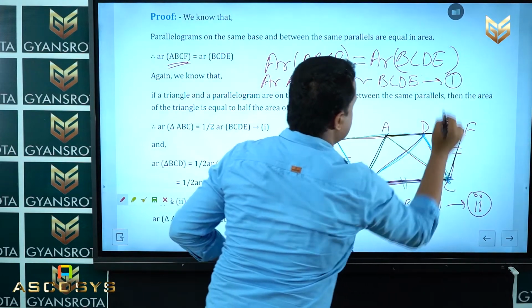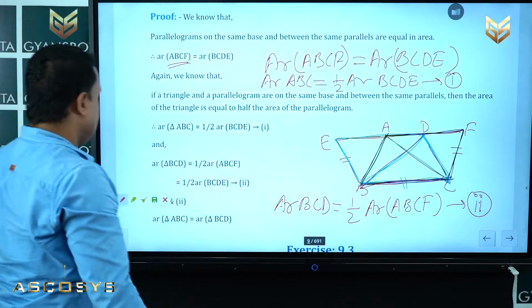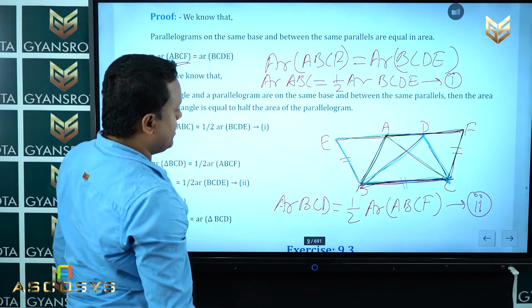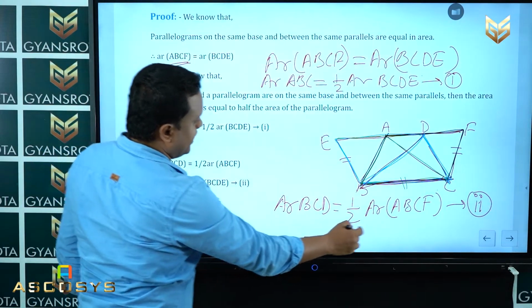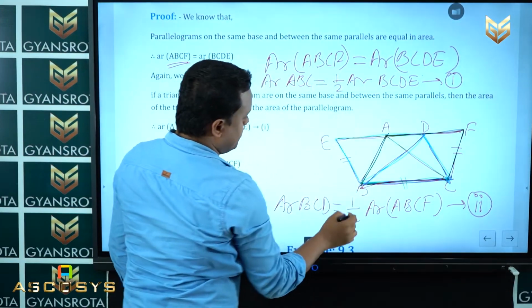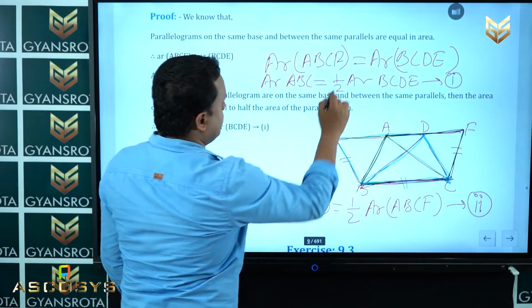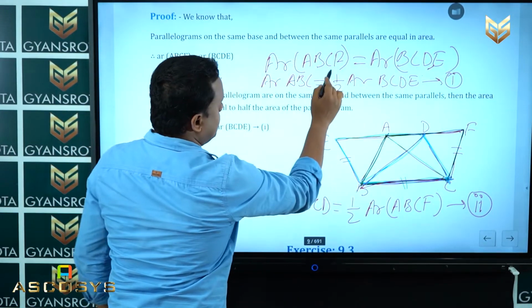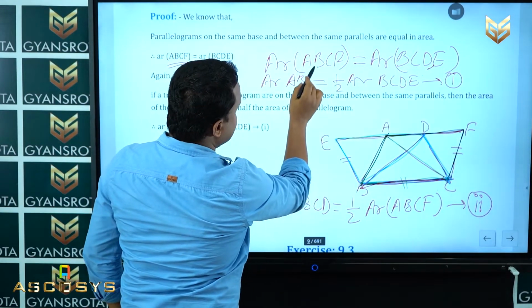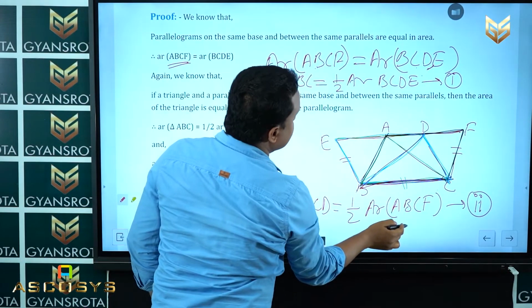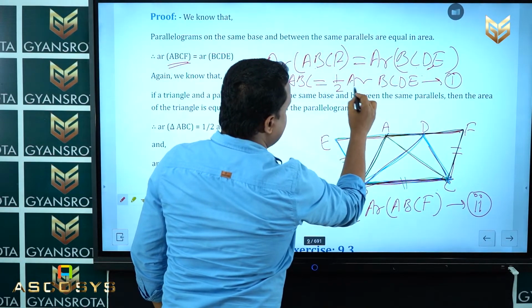This is 1, this is 2. So from equations 1 and 2, we have that the area of BCDE equals the area of ABCF. So we can put the value of ABCF here as BCDE, so this side is equal to this side.